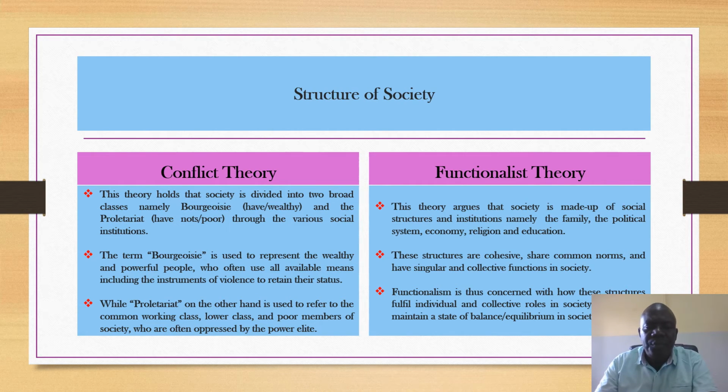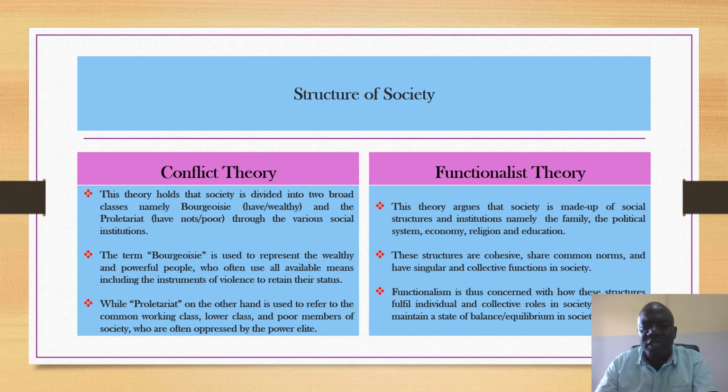For them, the bourgeoisie represents the rich, the most powerful, the wealthy, the most influential, while the proletariat represents the poor, although they are many, the lower class, the marginalized, and the voiceless in society. So they both agree that society is structured, but they differ in terms of the nature of the structure.